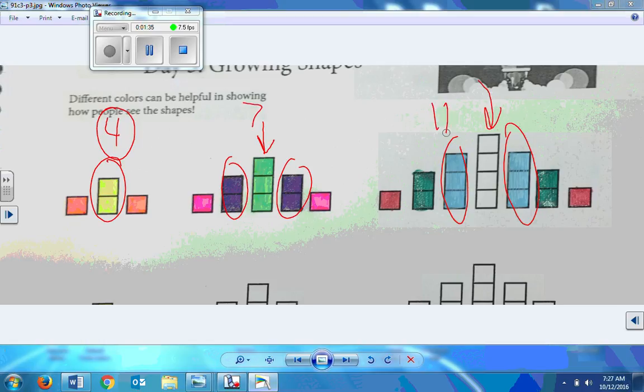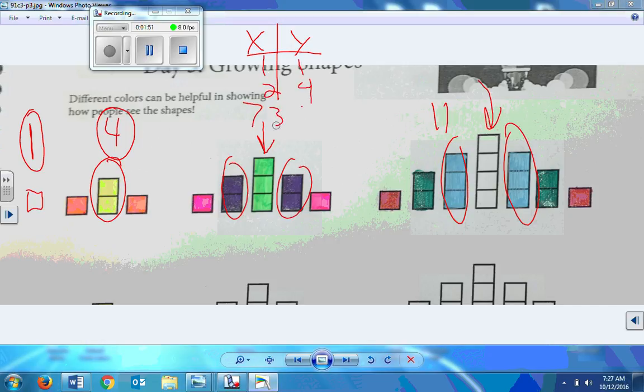If we go back, the first one would be just 1 square at the beginning. If you want to say X and Y, the first one was 1, the second one was 4, the third one was 7.